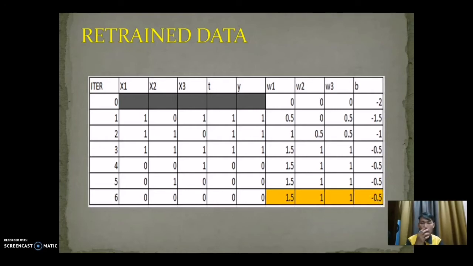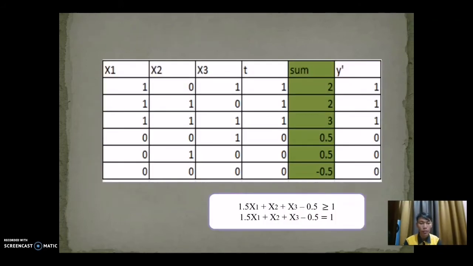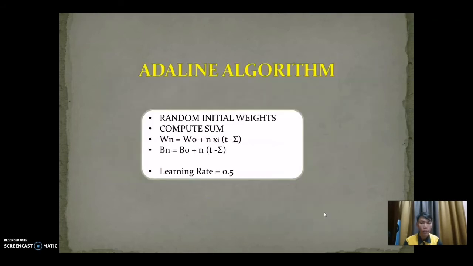We just follow the same step of how to find the W and how to find the B. So for the retrained data, after sum we get 1.5 x1 plus x2 plus x3 minus 0.5 is bigger than or equal to 1, and 1.5 x1 plus x2 plus x3 minus 0.5 equal to 1.